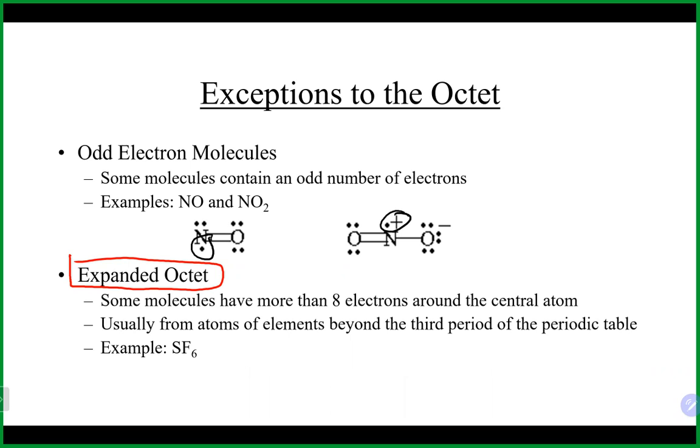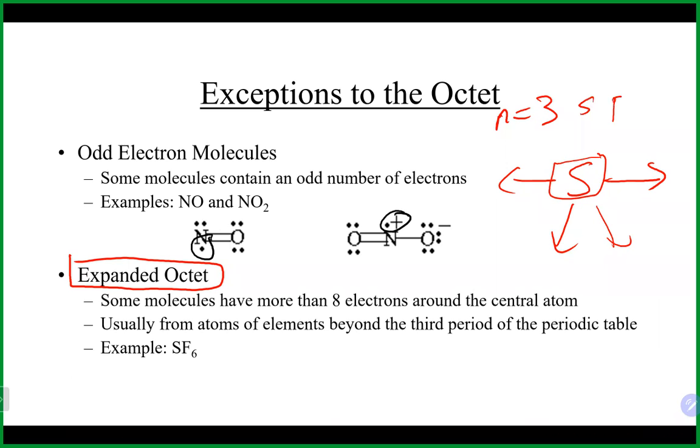If you look at the periodic table, that is your friend sulfur. To the right, to the left, and down in the non-metal region, those are the elements that have the ability to go over 8. That is because sulfur is located on period number 3, which, if we remember from chapter 11, is the n equals 3 level. On the 3rd energy level, there are different orbitals: we have s orbitals, p orbitals, and what other orbitals?